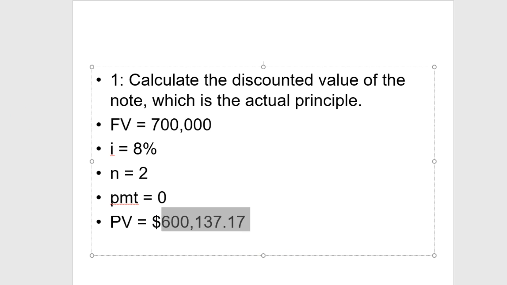So let's go ahead and record that. So here is December 31, year 5. Here's the note, and here's our sale. Now, of course, somewhere back in here, we would have a cost of goods sold entry, but that's not what we're trying to figure out. So we'll just leave it at sales. So this is essentially the beginning principal of our note.